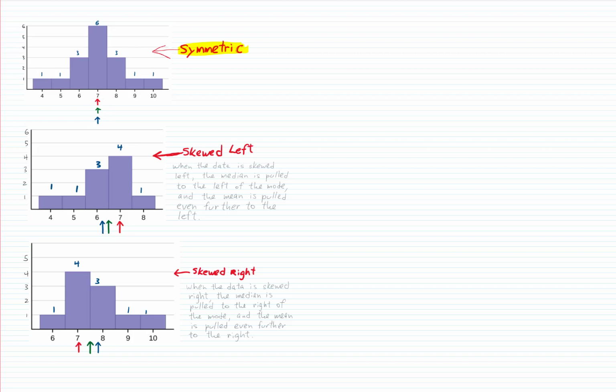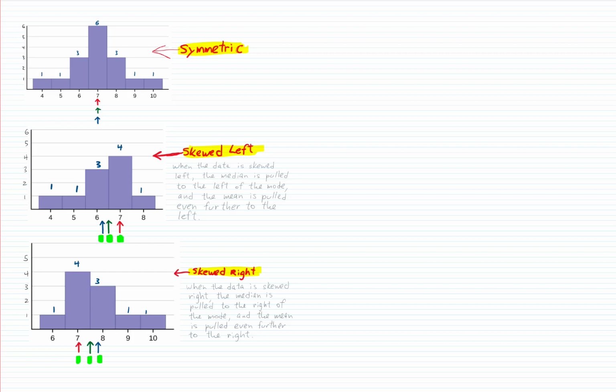When the data is skewed left, the median is a little bit to the left of the mode, and the mean is even further left. And when the data is skewed right, the median is to the right of the mode, and the mean is even further to the right.